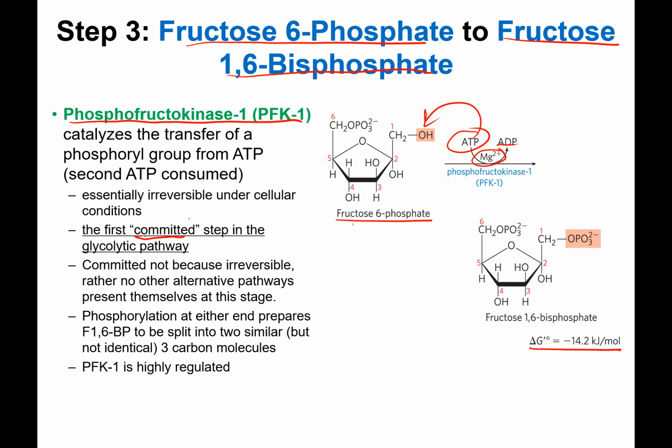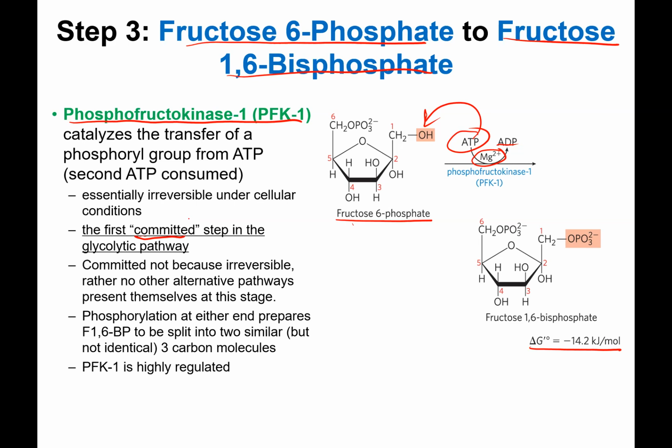The reason that's not true is glucose 6-phosphate, which is the product of the hexokinase reaction, can leave the glycolytic pathway and go off and do other things. It can be siphoned off from what we think of as this very linear pathway. Things can get siphoned off along the way.